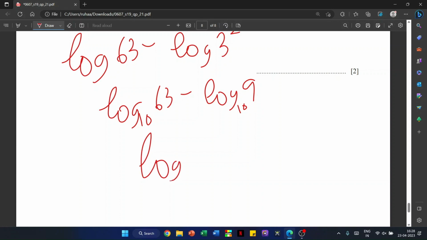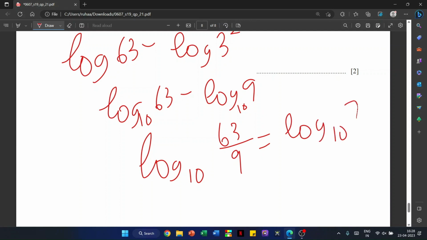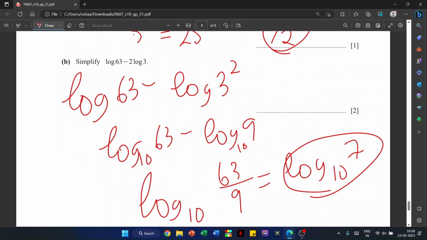So we get log base 10 of 63 divided by 9. 63 divided by 9 is 7. So we get log base 10 of 7. It just has to be simplified, so I'm just going to write log 7, because log is nothing but log base 10. If you don't write anything over here in the base, then that means it's base 10, which is what we had over here.